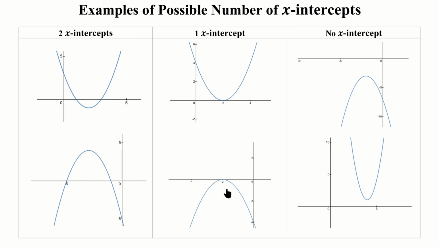That's the only way a parabola can have only 1 x-intercept. And here's a couple of graphs of parabolas which are not going to have any x-intercepts. Notice they never cross the x-axis. So as far as the possible number of x-intercepts, you either have 2, you have 1, or you have none.